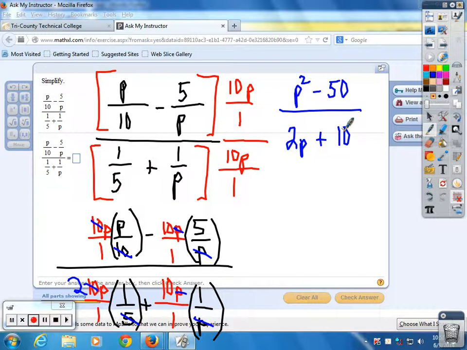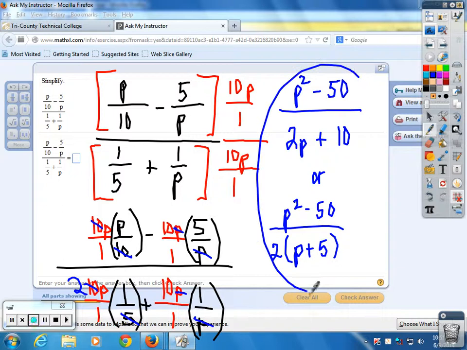Now the only thing you can do here is you could factor out a 2 right here, but it's not going to help you any. But I'll take this answer, or p squared minus 50 over 2 times p plus 5. Oh my gosh. 50 is not a perfect square. So don't put p plus 25, p minus 25. That don't work.